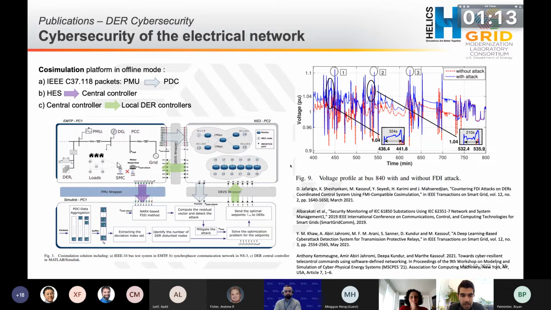But because of fast data injection, the central controller makes erroneous decisions and sends incorrect commands, so we lost the service of the DERs. You can see some references of our recent publications, mostly using the co-simulation platforms that we have in the lab. Next slide, please.